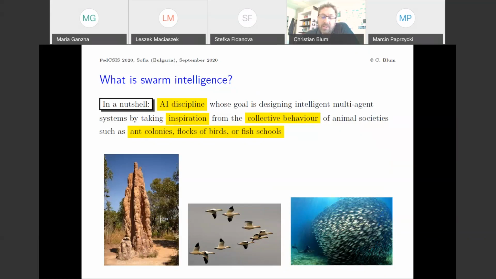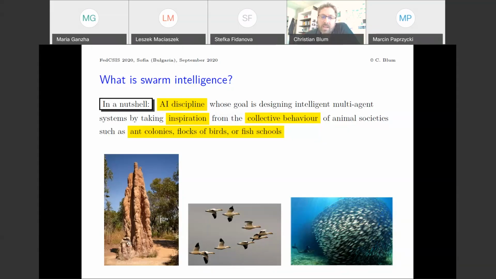And the point is that none of these termites actually knows how to build that. This is a result from a set of simple local rules. So the termite might find a specific situation and might react according to a simple rule.